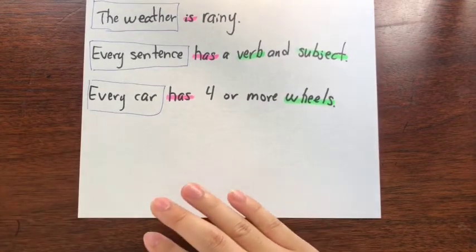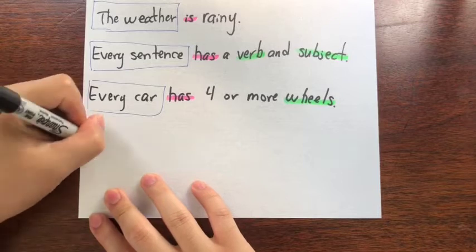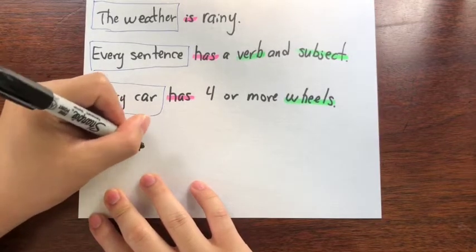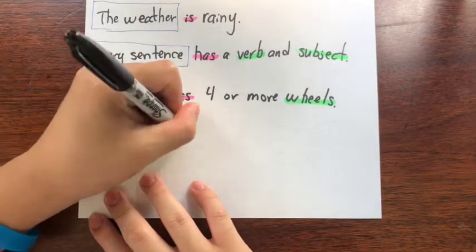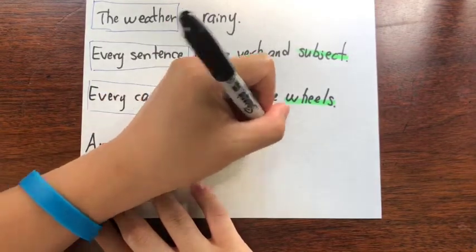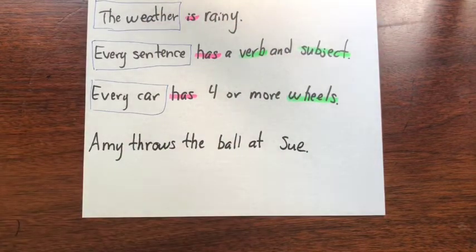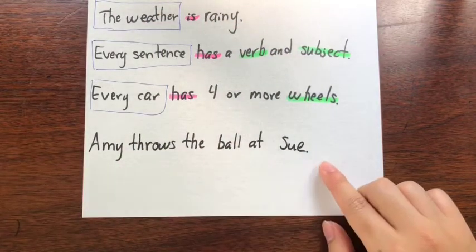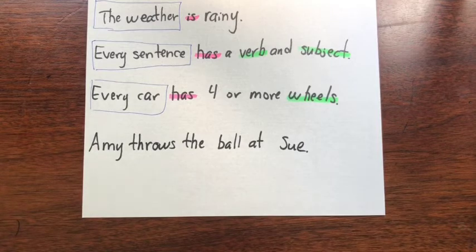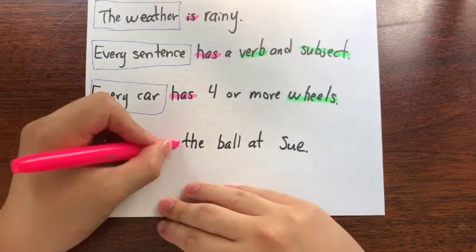Let's do one more. Amy throws the ball at Sue. Amy throws the ball at Sue. So, first, let's find the verb. The verb in this sentence is throws.